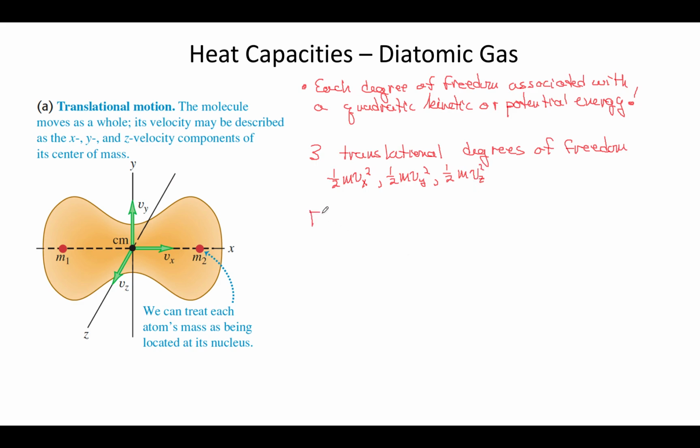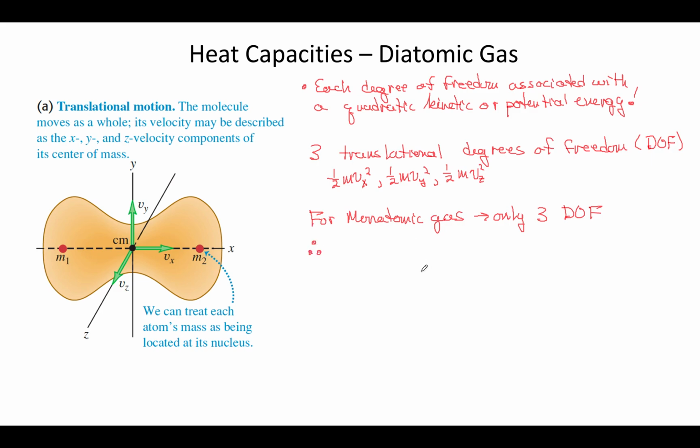So for monatomic gases, well, that's all you have. Only 3 translational degrees of freedom. And I'm going to use capital DOF for degrees of freedom to give myself a break, but only 3 degrees of freedom for a monatomic gas.